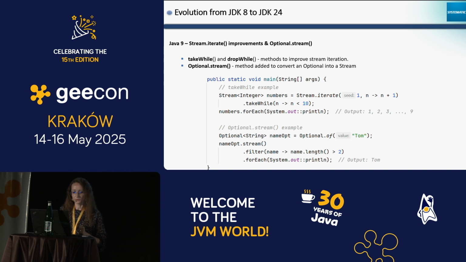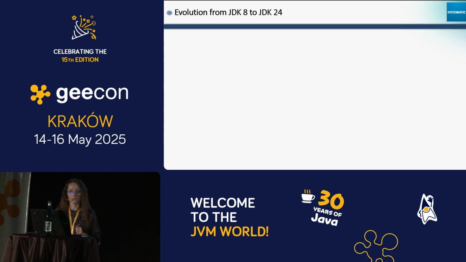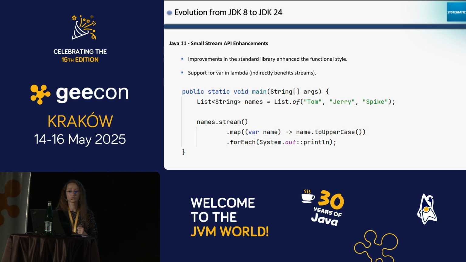Let's move to the next version that introduced something quite useful for streams as well, and that is Java 11. While it didn't introduce major changes to the Stream API itself, it provides a few improvements that indirectly enhance stream usability.